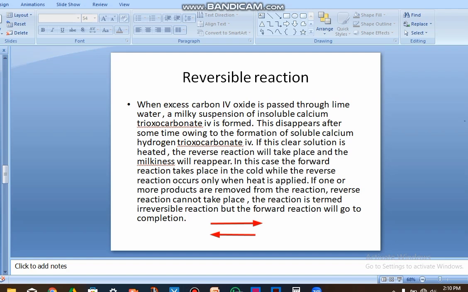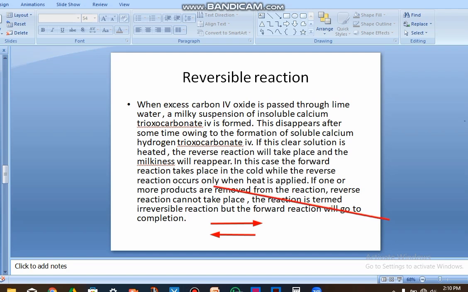So before the product, calcium hydrogen trioxocarbonate(IV), can react again to form that milky solution, heat must be applied. So meaning that the forward reaction, look at it, in this case the forward reaction, look at it here, let me just draw it for you so you will see it.